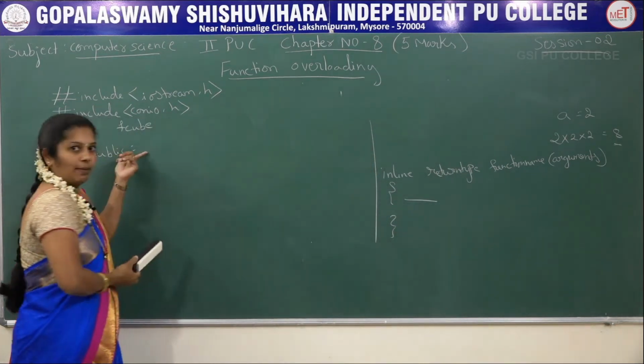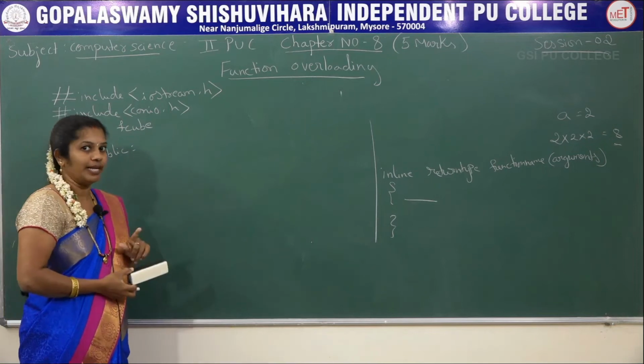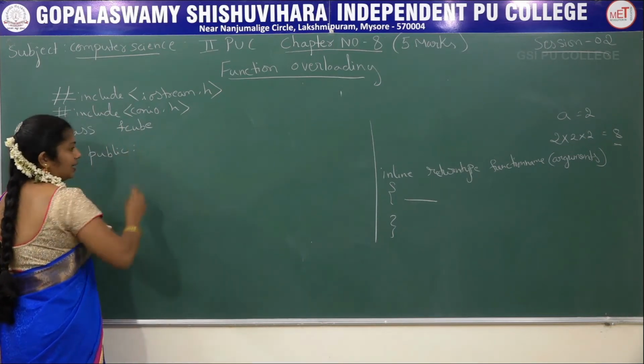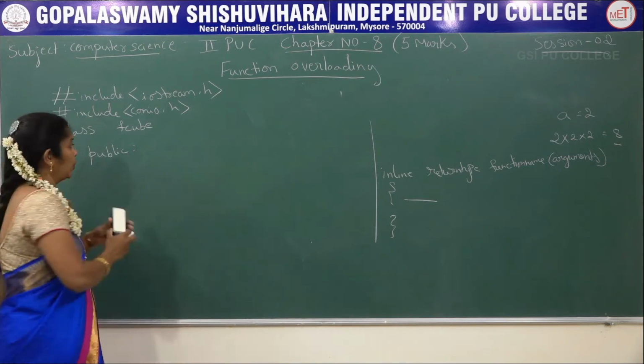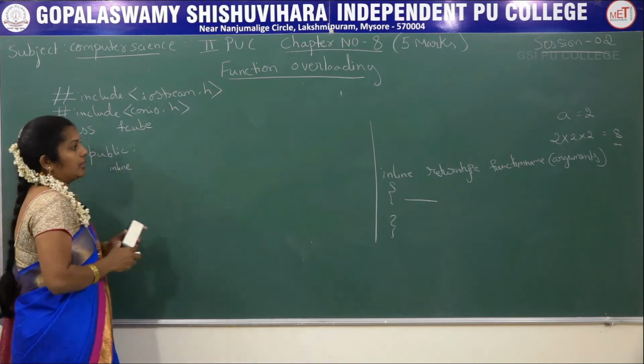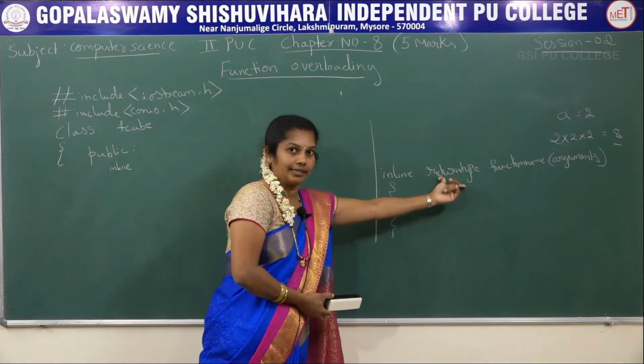In the same way, in the public section, before calling that function it has to be declared. That's why here we are writing public, then next we start the keyword inline. Then next you have to write the return type.